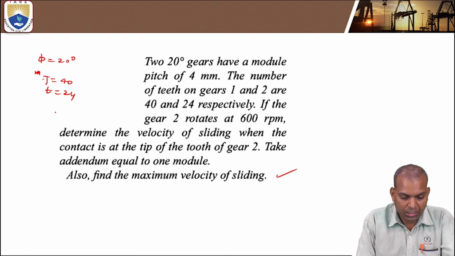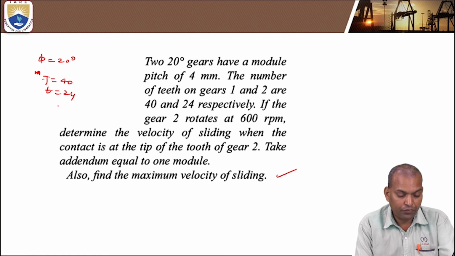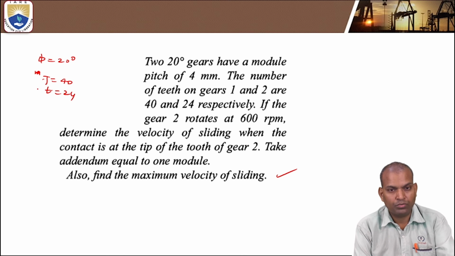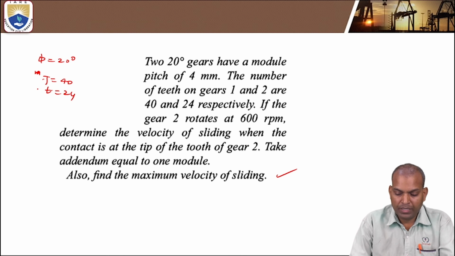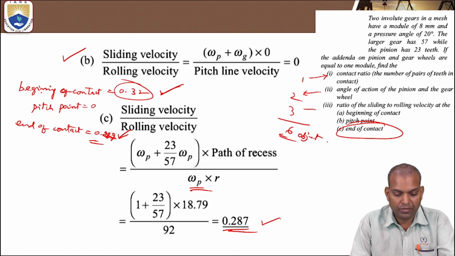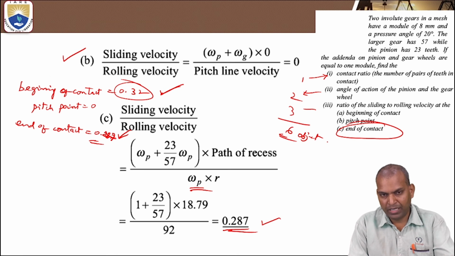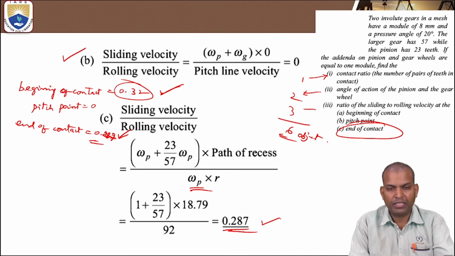So how to start? Determine the velocity of sliding. What is the formula for velocity of sliding? The formula for velocity of sliding equals the sum of the angular velocity of the pinion and the angular velocity of the gear, times path of recess if it is the end of engagement, or path of approach if it is the beginning of engagement.